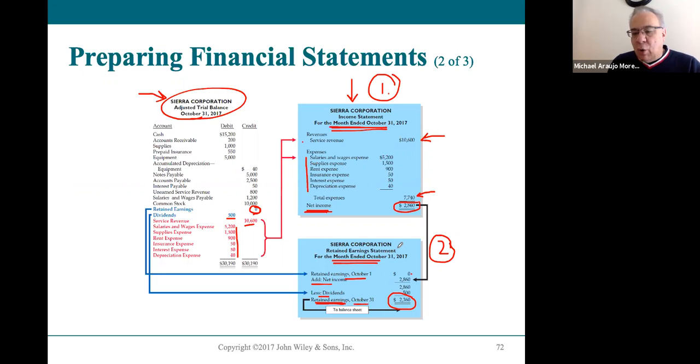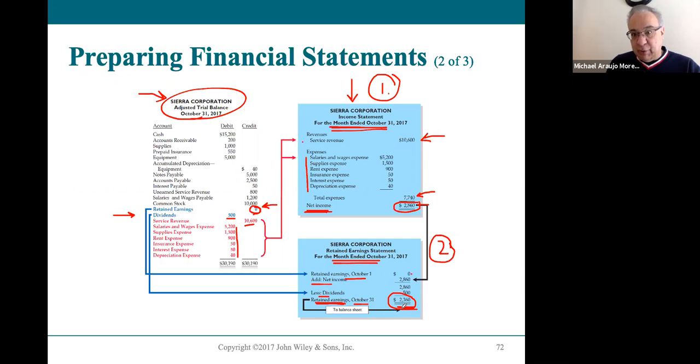Retained earnings statements are always going to look like this. They're always going to start with a beginning balance, which we'll see here. And then we add the profit, which we calculated on the income statement, and subtract the dividends, which we will get from this trial balance as well. So what happens to this? Who owns the retained earnings?